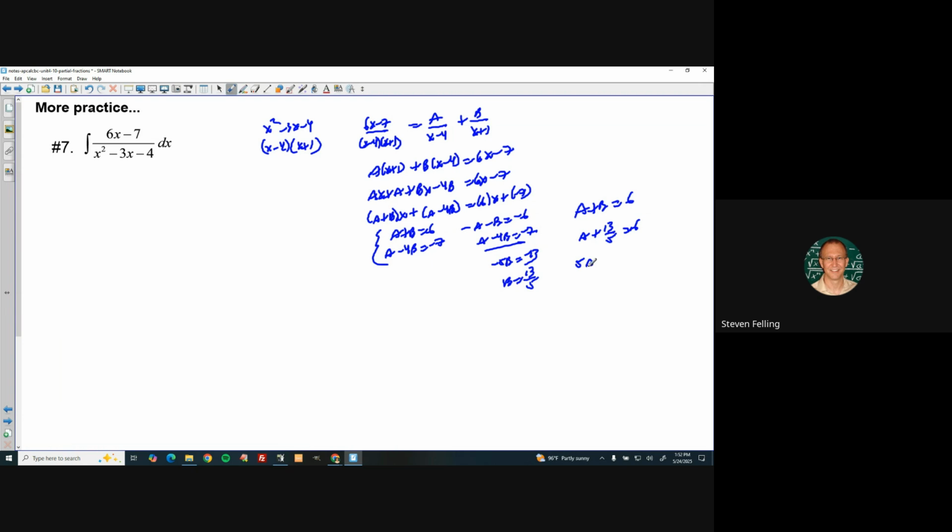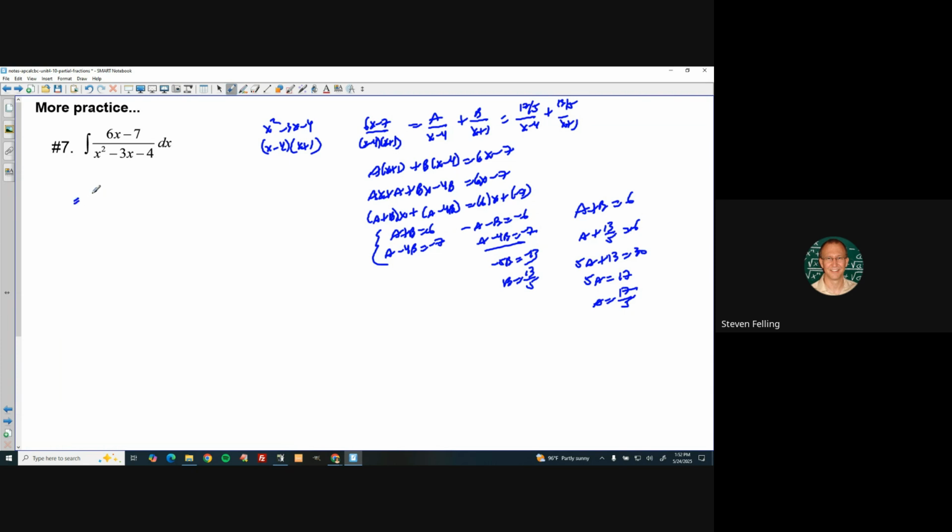Multiply everything by 5. 5a has to be 17. So a is 17/5. So this is 17/5 over the x minus 4 and 13/5 over the x plus 1.